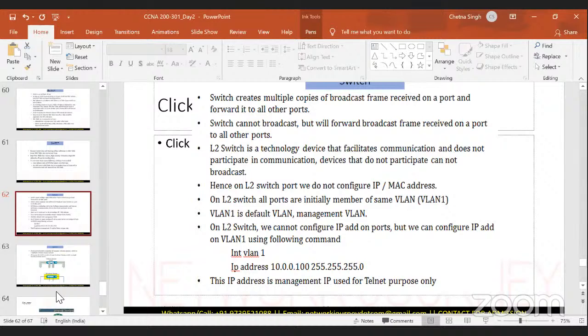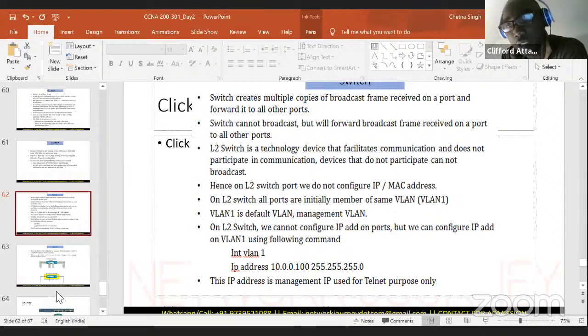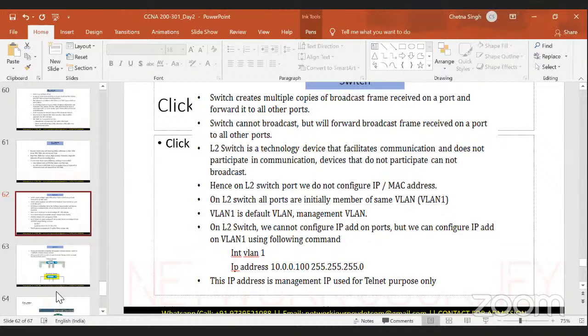Okay. And what is the main difference between a switch and a bridge? They both have the same functionality. I can say a bridge and a switch both have the same functionality: they extend the LAN. They join two LANs or two network segments having the same features.